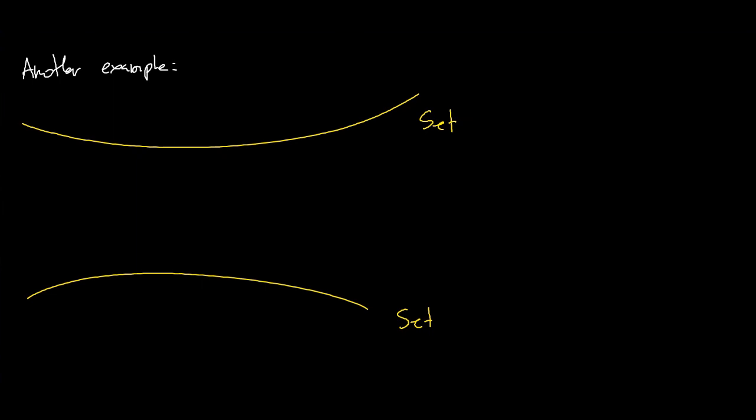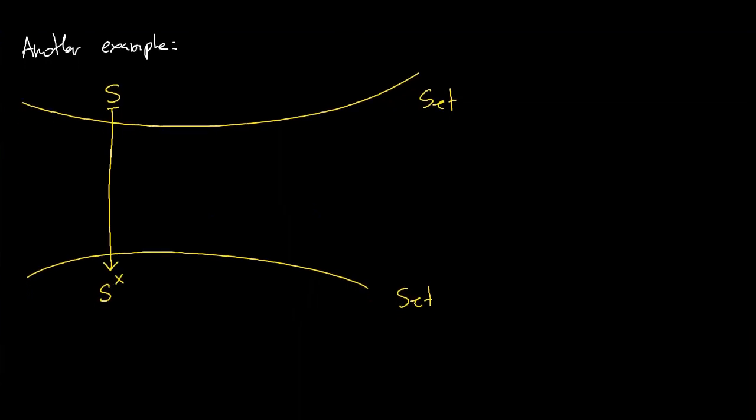So what plays the role of the forgetful functor is taking a set S and mapping it down to S to the power A. So this is our U of S.